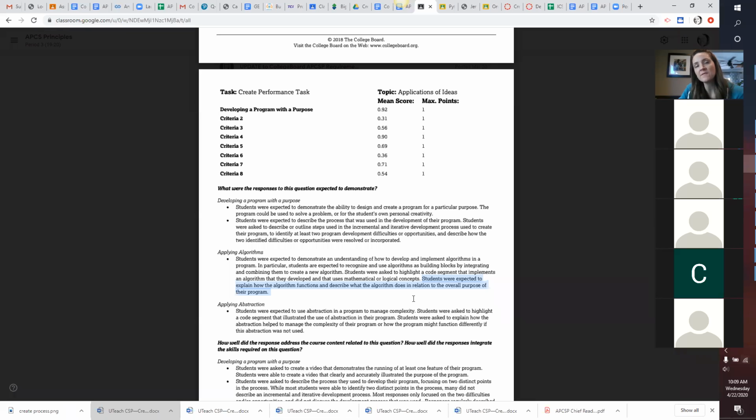So you would be looking for something like, this is an algorithm which uses selection to determine if the ball is close enough on the right-hand side or the left-hand side of the canvas to see if it needs to bounce off either the paddles or fall into the gutter. So be really explicit in the way that you talk about how the algorithm works.